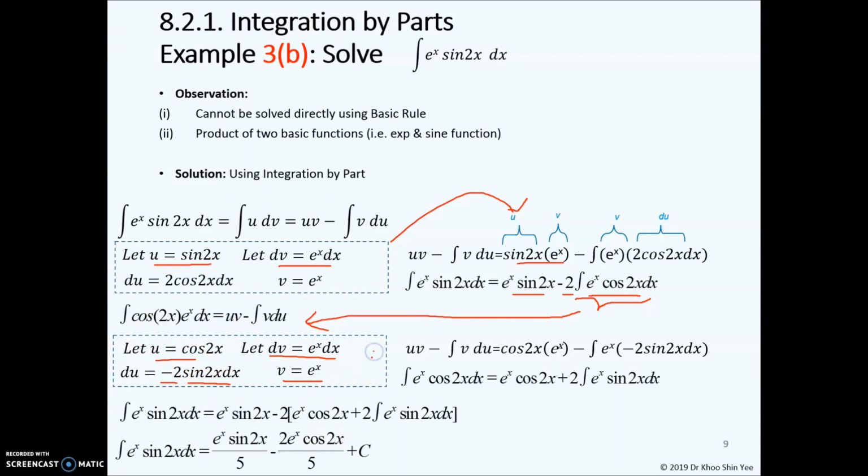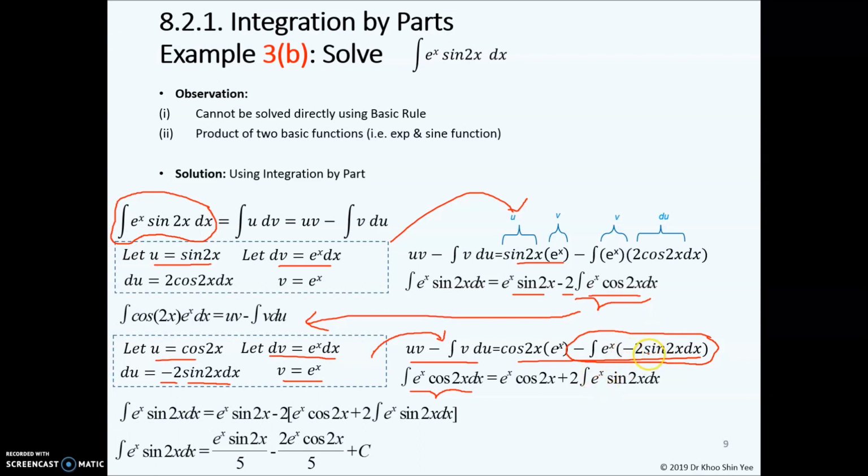So after that, you substitute inside the uv minus integral of v du formula here. Then you get this term. So what we are solving here is the integration by parts for this term. So on our right hand side, you can see that we have this term, which is exactly the same as the original function.